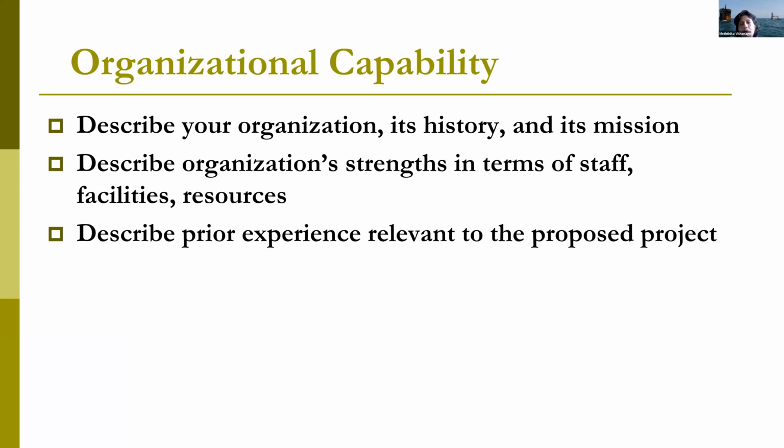Then you must mention the organizational capability: what is the potential or the ability of the particular organization to handle this grant, right? So you can mention that your organization has handled many grants of this nature.